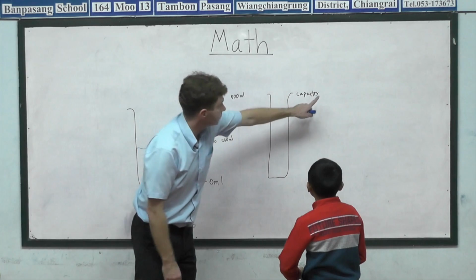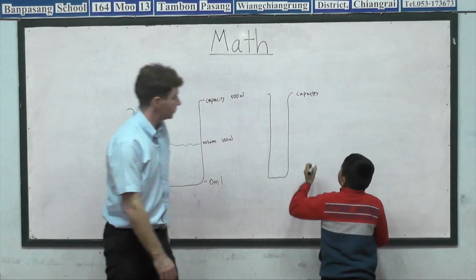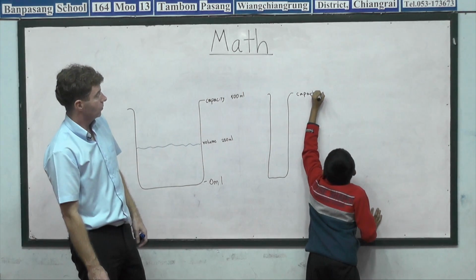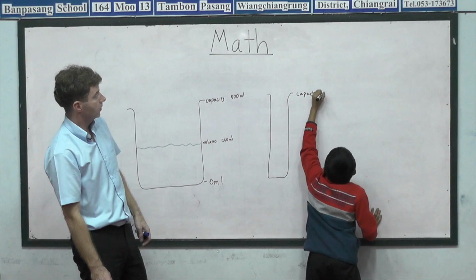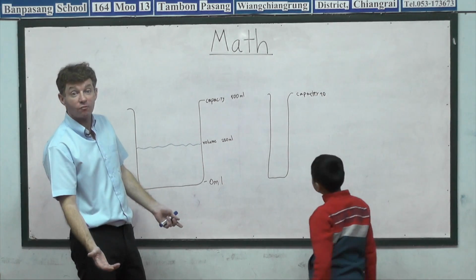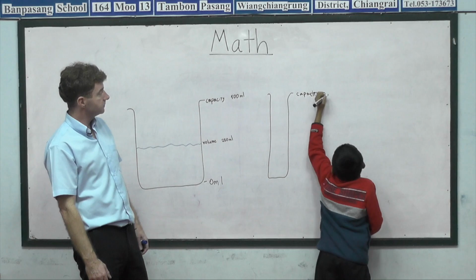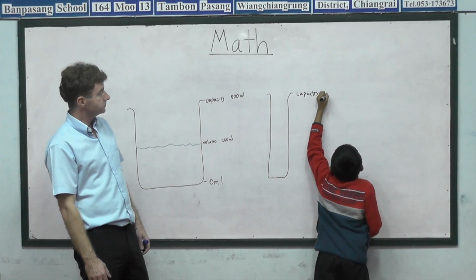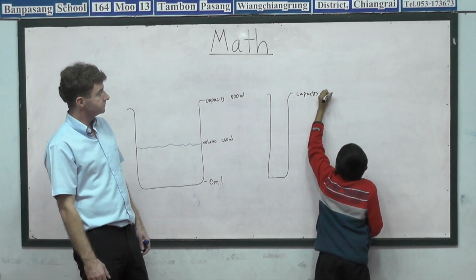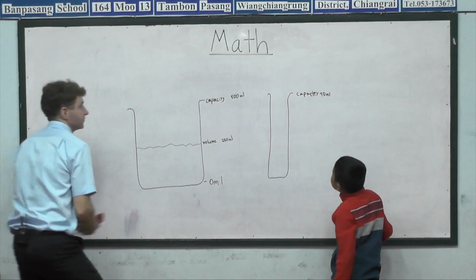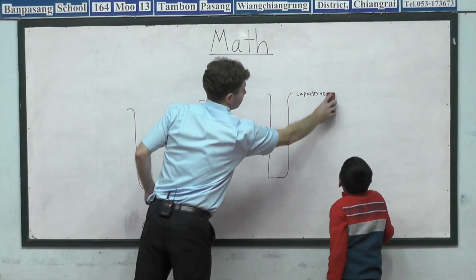And how many litres did we say capacity? 10 litres. Can you write 1, 0? And for litres we have to write L. Just L, not millilitres this time, just L. L for litres.